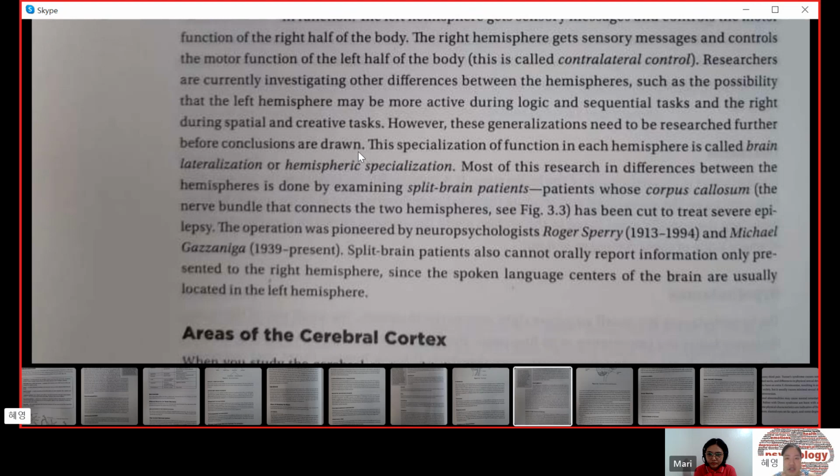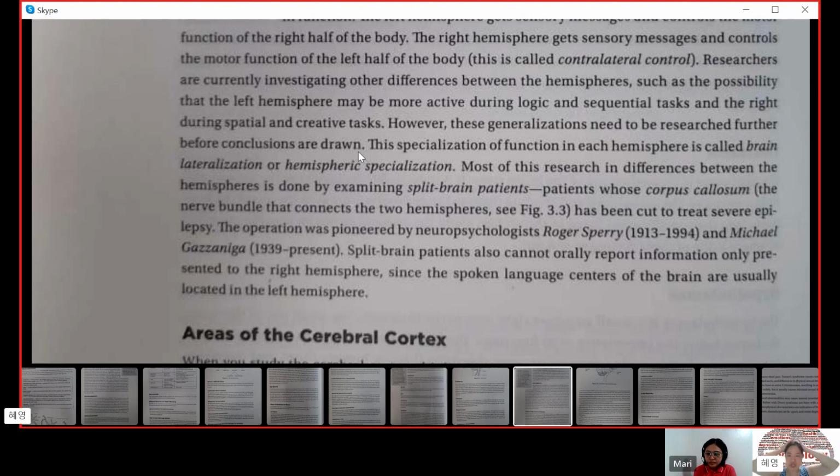This specialization of function in each hemisphere is called brain lateralization, or hemispheric specialization.